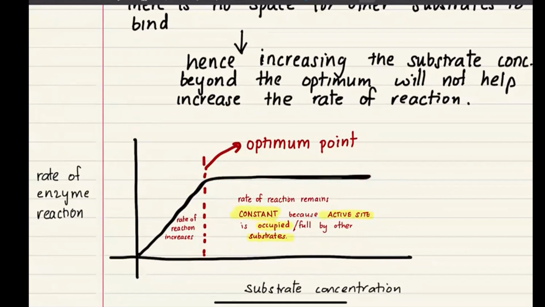But if the substrate concentration is gradually increasing, the rate of reaction increases. But if it's beyond the optimum point, the enzyme reaction is just going to remain the same. All right. So that's it from today's lesson.